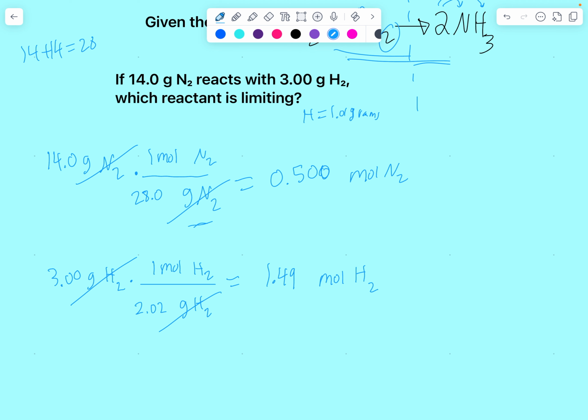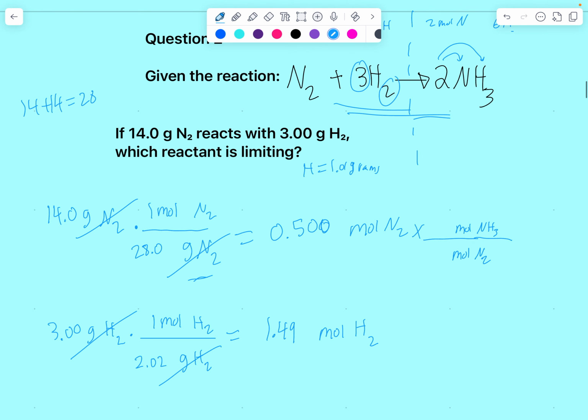Now, I need to predict the product from N2. So, I'm going to put moles of N2 here, and I'm trying to get to moles of NH3. So I'm looking at this. I have 1 mole of N2 and then 2 moles of NH3. I'm going to cancel out the moles of N2, and I have 1.00, that's 3 sig figs, moles of NH3.